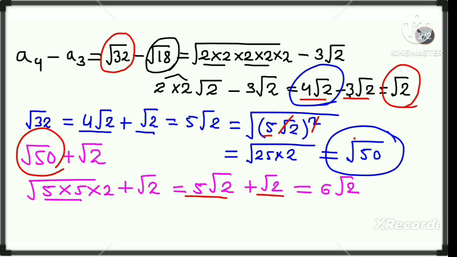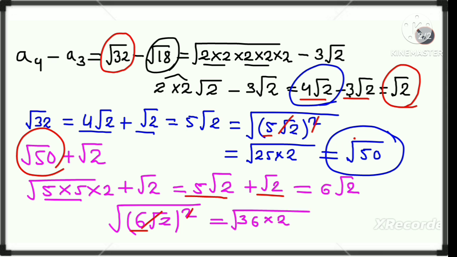Further it can be solved like this: 6 root 2 whole square and put whole root, then square of 6 will be 36, and these 2 and this sign of root can be cancelled out, and here remains into 2 and whole root.